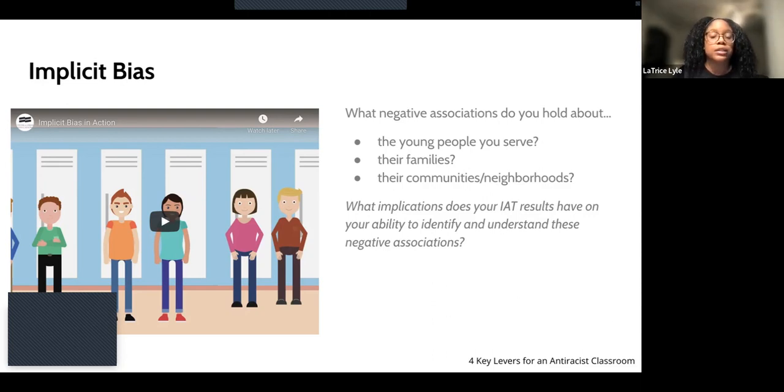I forget all of the organizations and universities that are a part of the collective, but Project Implicit is offering a suite of implicit association tests that will help you uncover biases that you may or may not know that you have. So that's just a little extra credit if you have some extra time to want to dive deeper into the content in this session.